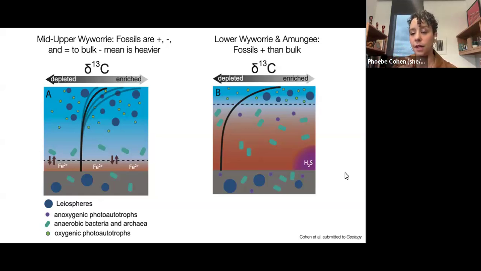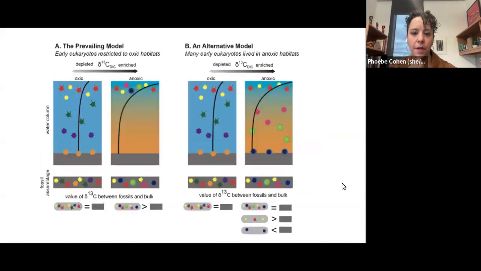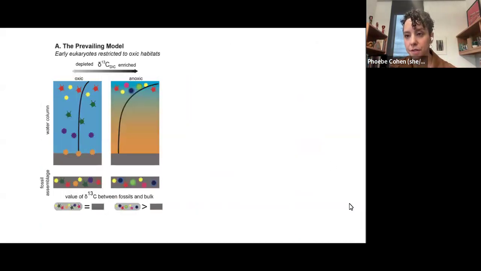Whereas in the areas of the core where we have independent redox proxy evidence for anoxia and euxinia at depth, we see that the fossils are always heavier than the bulk, which indicates to us that they're living in maybe a relatively thin oxic layer at the surface and recording those more enriched values from a steeper gradient and a more efficient biological pump. So if we come back to our 2 model scenarios, our data for this material supports the prevailing model where early eukaryotes were restricted to oxic habitats.